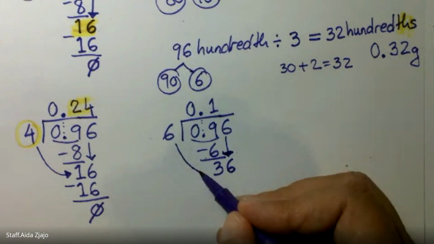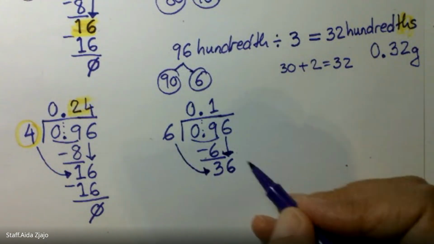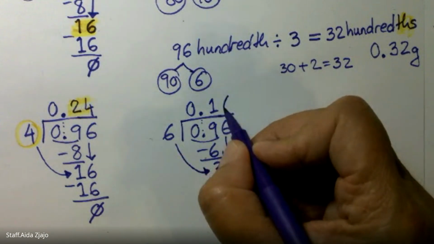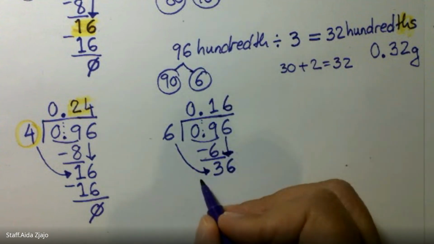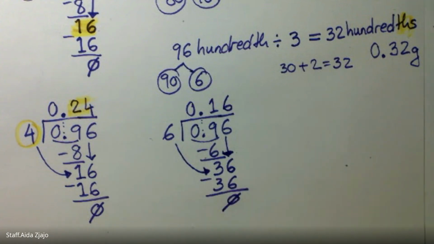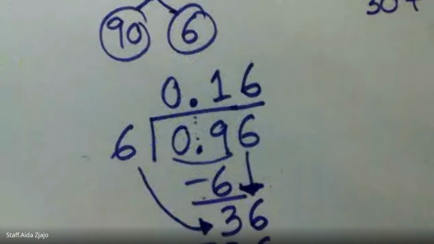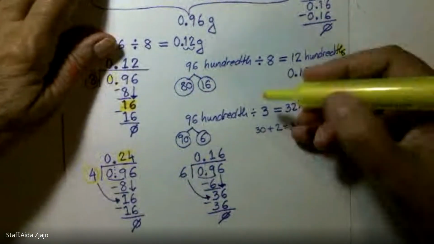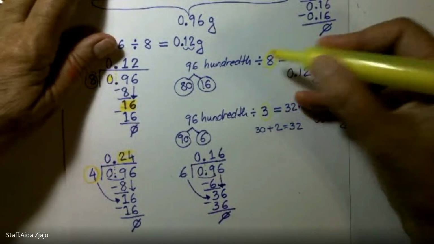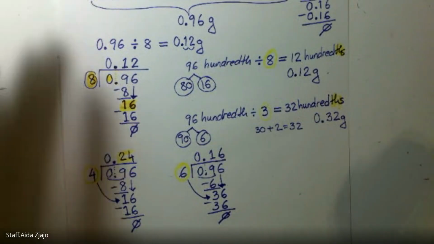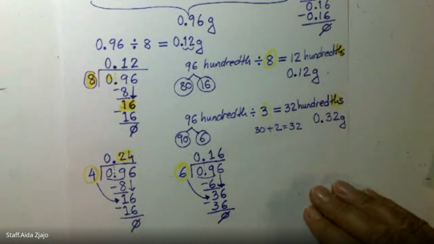How many 6s are in 36? There are 6, because 6 times 6 is 36. So there are different possibilities that you can use. You can share into different portions: 3 groups of servings, 8 groups, 4, 6 groups, because 96 is divisible by all these numbers.